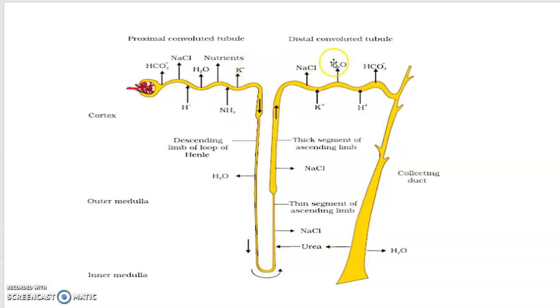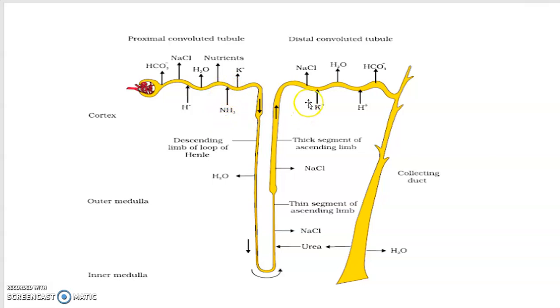One important thing you have to understand here, I told you in the previous video also: if a substance is coming out of this tube, that is called reabsorption. If something is entering into this tube, the yellow colored one, that is called secretion. Secretion is always an active process.